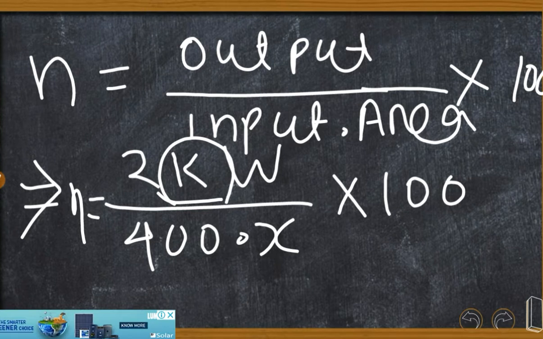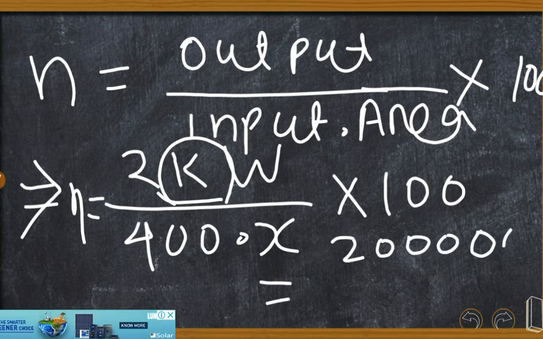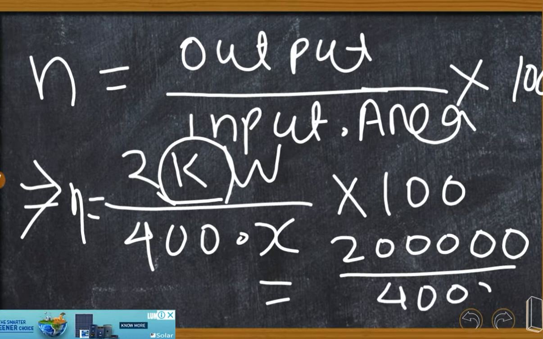2000 watt into 100 is equal to how much? 200,000 divided by 400x. Now we can find out x.